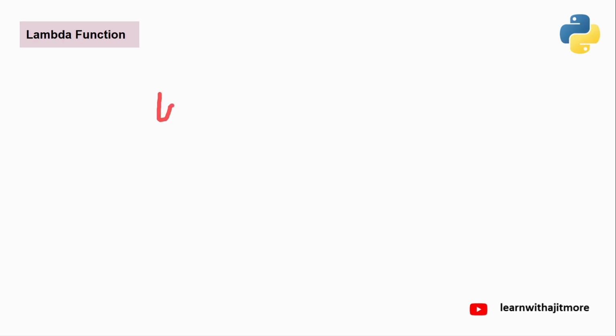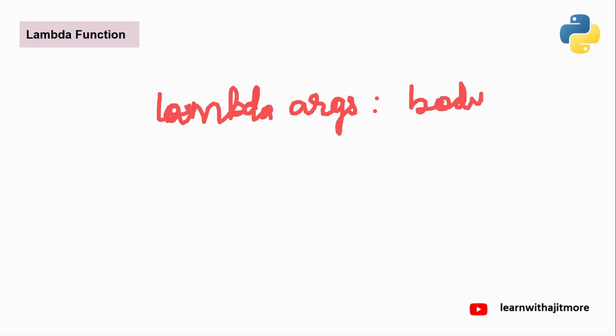Here you have to use the keyword lambda. Lambda is the keyword. Then the arguments, whatever you want to pass to it, colon, and then the single line task which that function performs. Whatever task it can be, that is the body of that function.